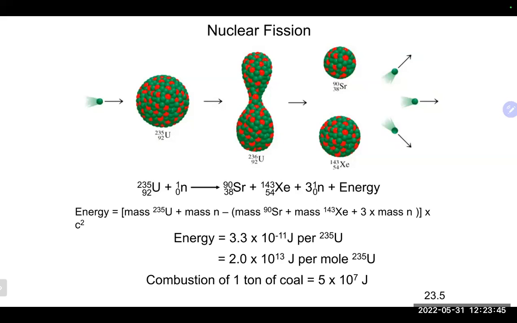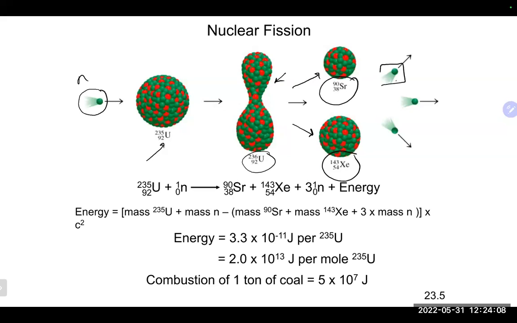This is transmutation here, where we're shooting a neutron at a uranium-235 atom. It becomes unstable, like a bowling pin, and then goes through the fission process. We split off into two new nuclei, in this case strontium and xenon. The result is that we make a bunch more neutrons in this process, and a lot of energy is associated with this sort of reaction.